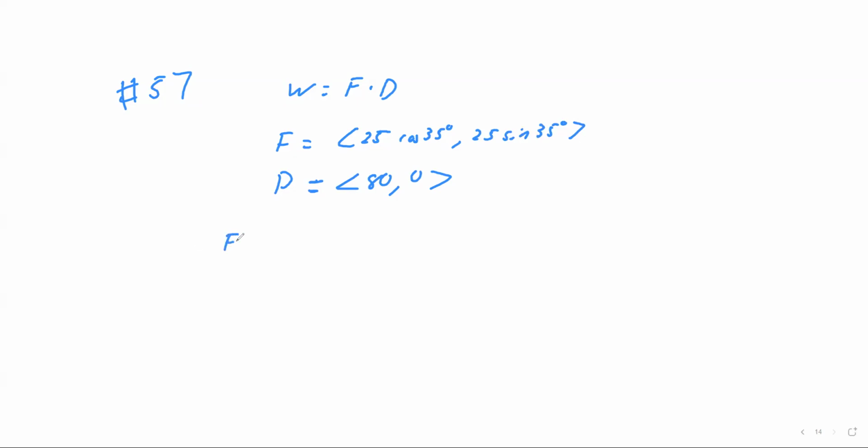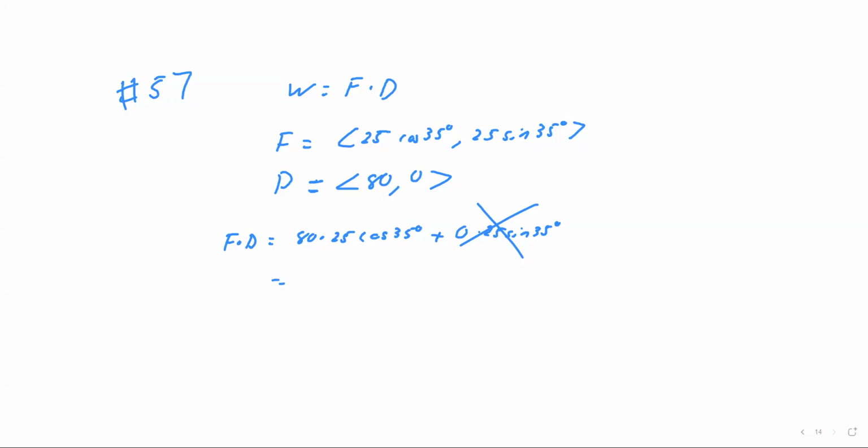So the dot product of F and D would just basically be 80 times 25 times cosine of 35 degrees plus 0 times 25 times sine of 35 degrees. So in reality, I don't need to do that part. I just need to do this part. So let's see what we get.